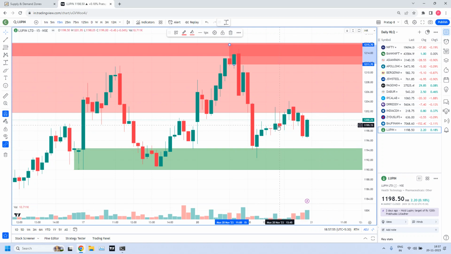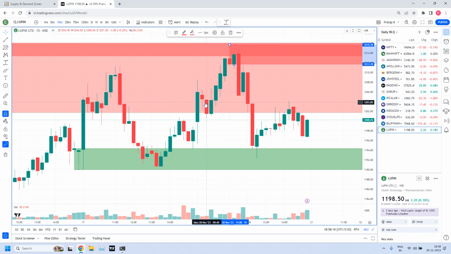But what is the next one we didn't take? IPCL Lab. IPCL Lab has given excellent profit, close to 20,000 rupees profit. But still we didn't take the trade because there is no RR. So Asian Paints we did not reject because of RR. We got a good RR.